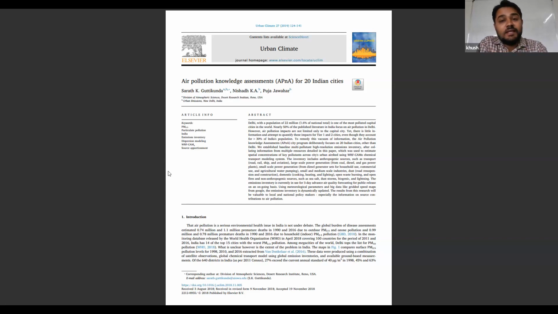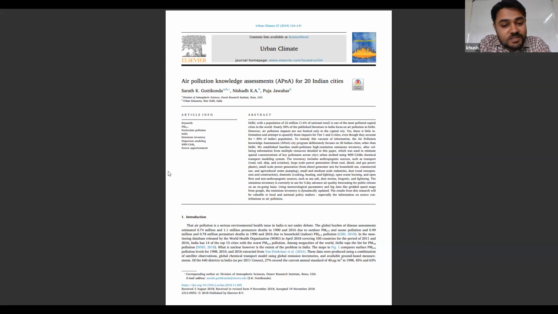So when you're reading any research paper, when you read the introduction section, keep an eye out, because you are not getting much information from the general information; you can get that anywhere. Just like in this paper's introduction, he's written that air pollution is a serious environmental health issue in India and is not under debate.